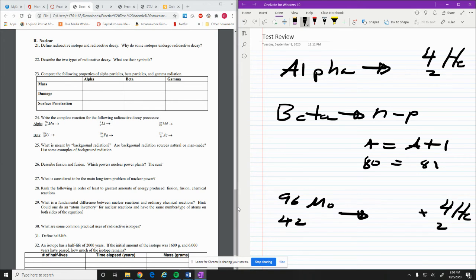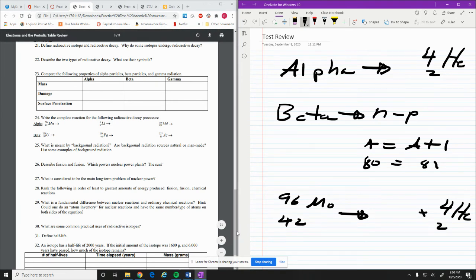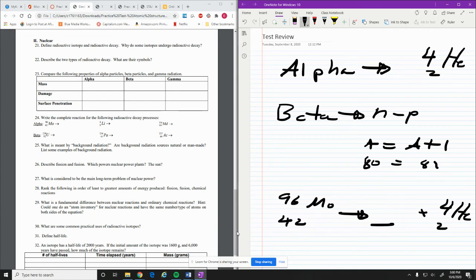We know that this has to add up to 42. So 2 plus what is 42? That's easy. So 40 plus 2. Done. And then what plus 4 gives me 96? That's simple math. 92 plus 4 is 96.